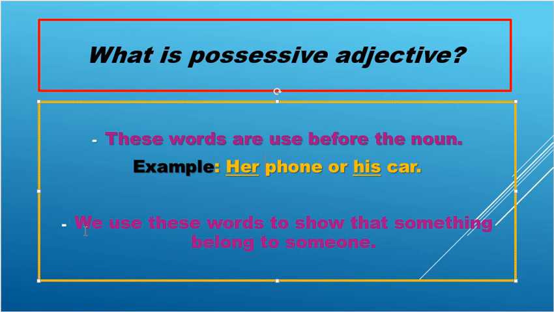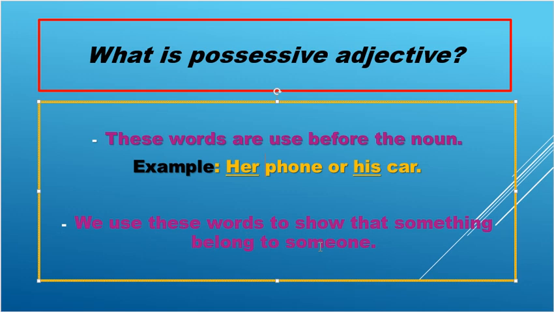Next, we use these words to show that something belongs to someone. We apply these terms to reveal that something, maybe your car, your phone, your ring, your bracelet, your necklace, eyeglasses, or bags, belongs to someone.